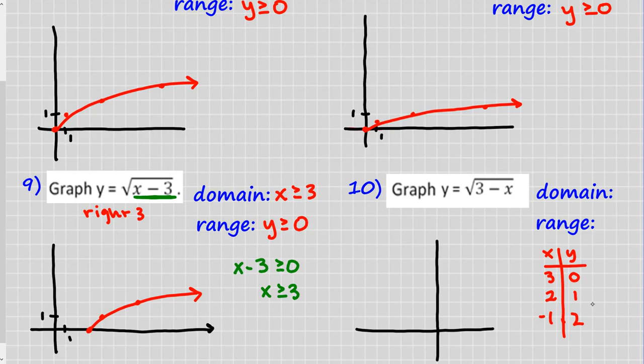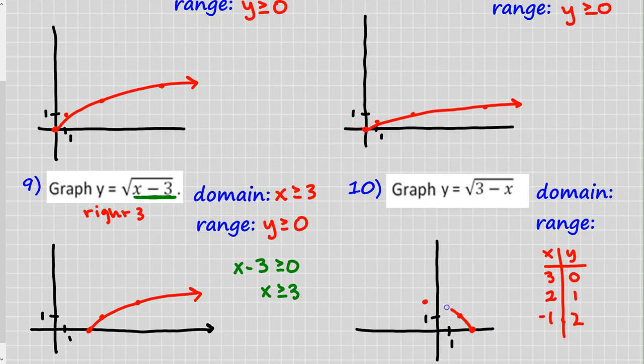What if x was 4, or 3.1, or 3.01? Then we would have the square root of a negative, which is undefined. So it looks like the largest x can be is 3. So now we have a maximum value of x rather than a minimum value of x. So we have the point (3, 0), we have the point (2, 1), we have (-1, 2).